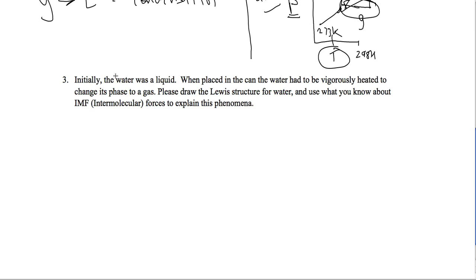Initially, the water was a liquid. When placed in the can, the water had to be vigorously heated to change its phase. So please draw the Lewis structure for water. We know that water is bent, 2 sigma bonds, sp3 hybridization, 104.5 degree bond angle, polar with hydrogen bonds.